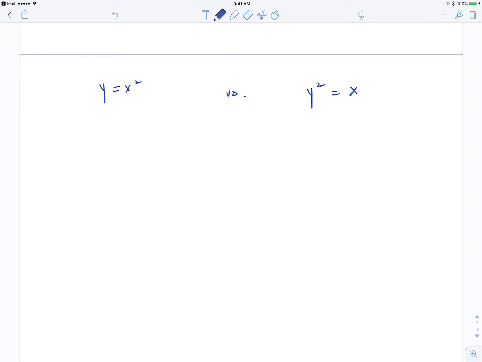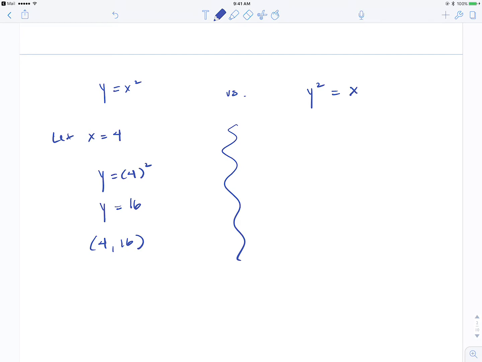But let's think about letting x equal 4. If we substitute 4 in for x, we would get y equals 16. So a point that lies on the graph of y equals x squared is the point (4, 16).